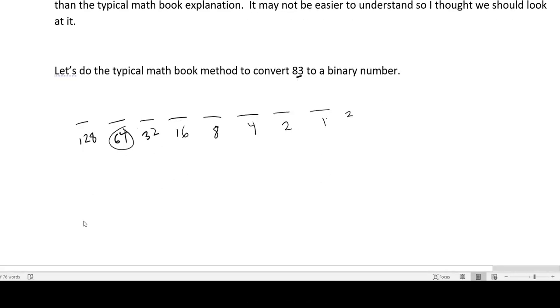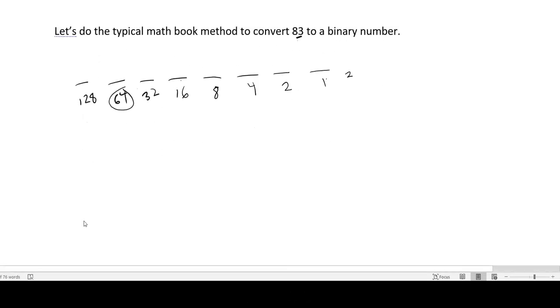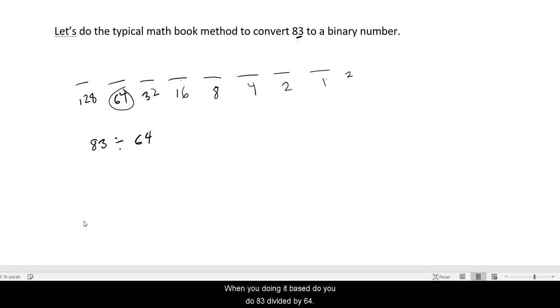And what you do is you do this division process, and you probably don't even think of it this way. When you're doing it base 2, you do 83 divided by 64, and you get a 1 with a remainder of 19. That 1 tells you how many sets of 64 you have.